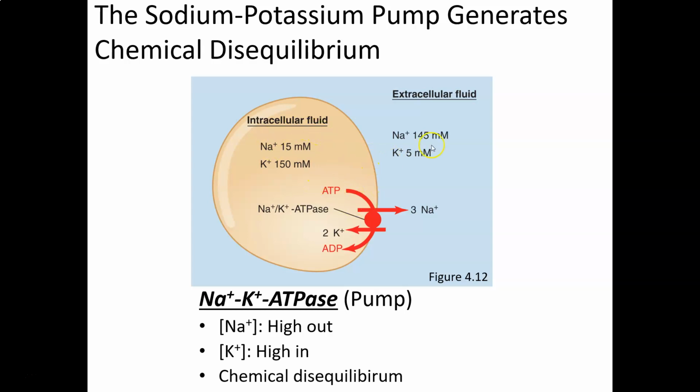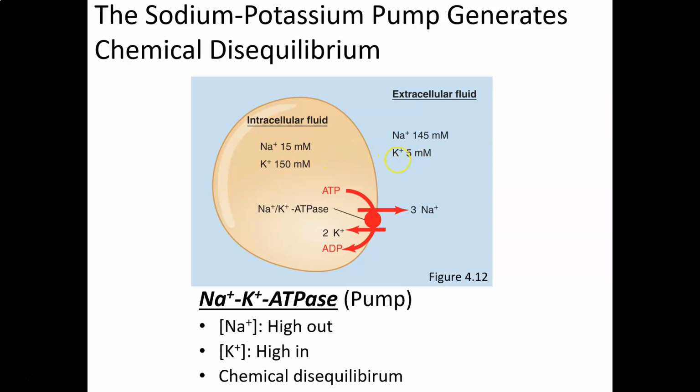That difference in the concentrations between the sodium high outside and the potassium high inside is maintained by the sodium-potassium pump, and that's called the chemical disequilibrium. Students often have trouble with this term, but it's pretty simple. If sodium were in equilibrium across the cell, everybody would say the concentrations are the same. Well, if the concentrations aren't the same, that means sodium is in disequilibrium.